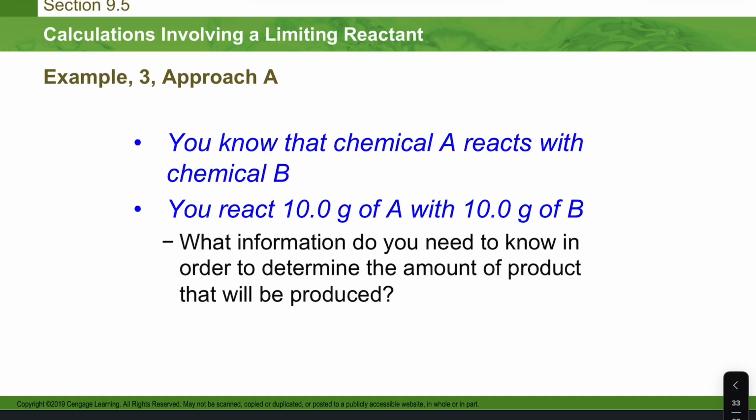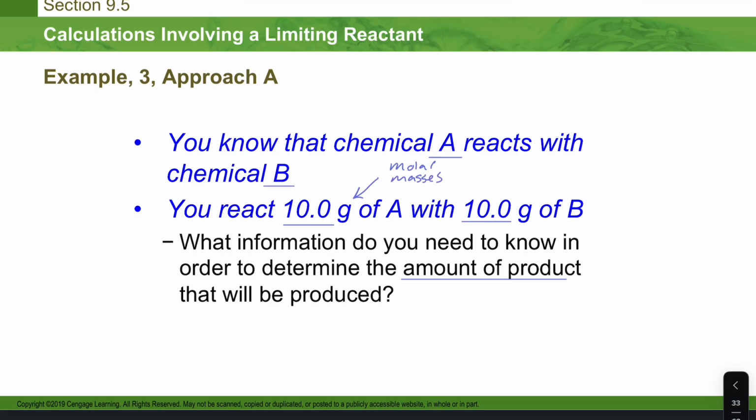Okay, so for example, we know that chemical A reacts with chemical B. We react 10 grams of A with 10 grams of B. We need to know what else we would need to know in order to determine the amount of products that would be produced. And so a couple of these things are going to be, since we have grams, we need to be able to convert that to moles. So we would need molar masses.